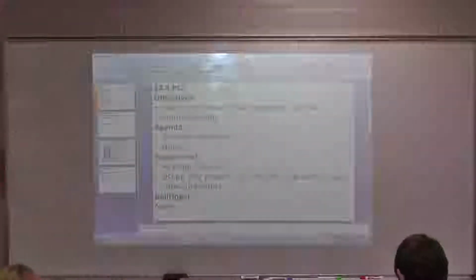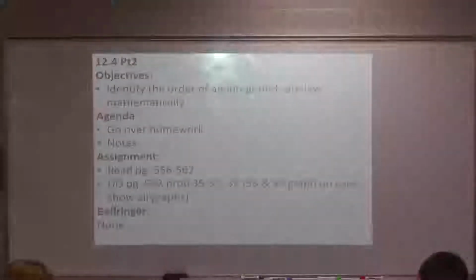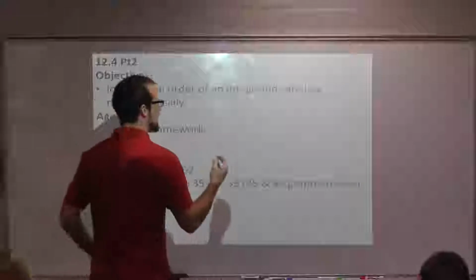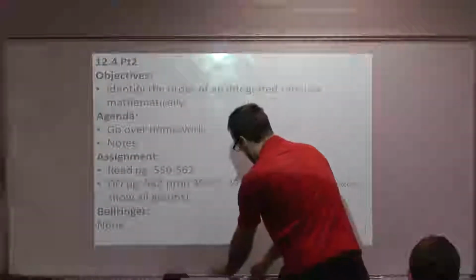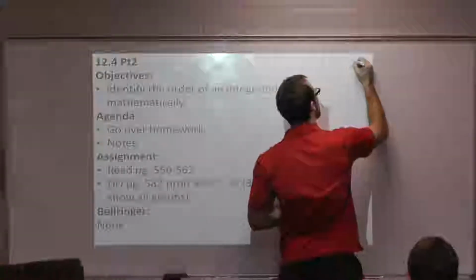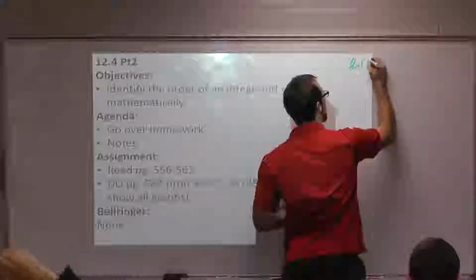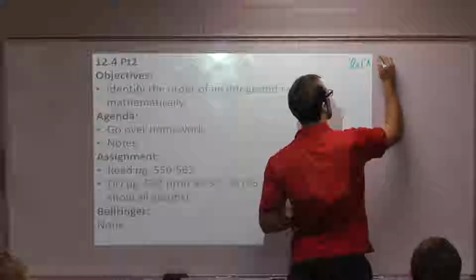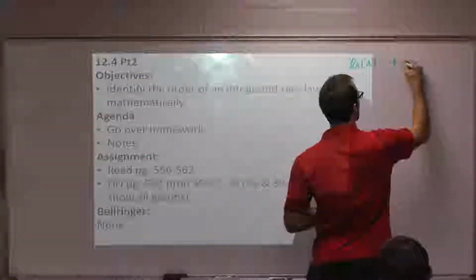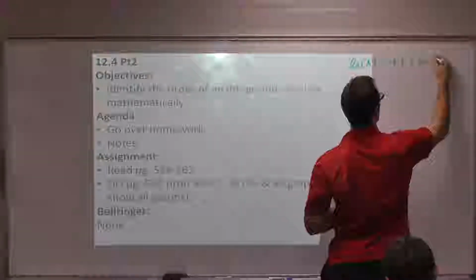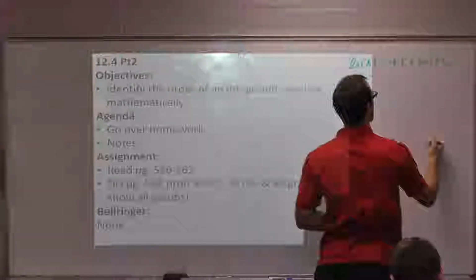So, quickly then, we got our first order rate law, which we said was ln of A equals negative kt plus ln of A naught.